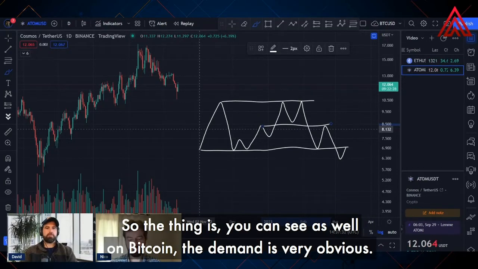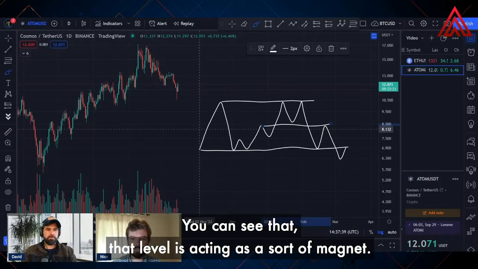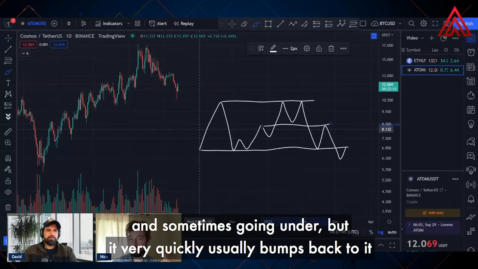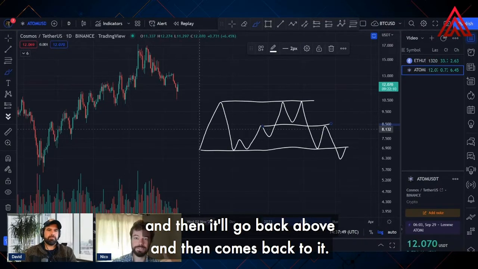So you can see as well on Bitcoin at the moment, it's very obvious that level is acting as a sort of magnet. The price keeps coming down to it, and sometimes going under, but it very quickly usually bounces back to it, then goes back above, and then comes back to it.